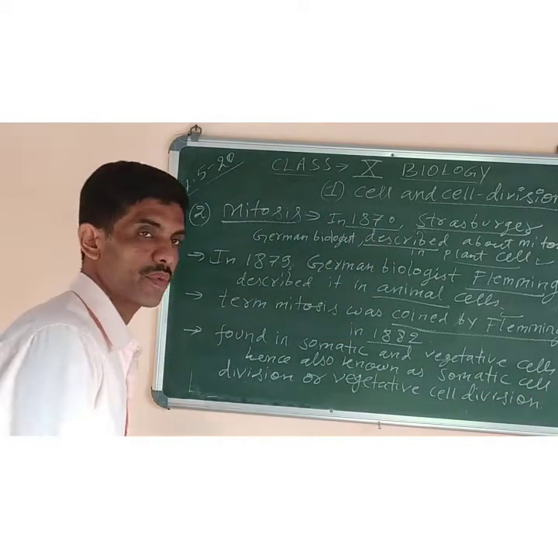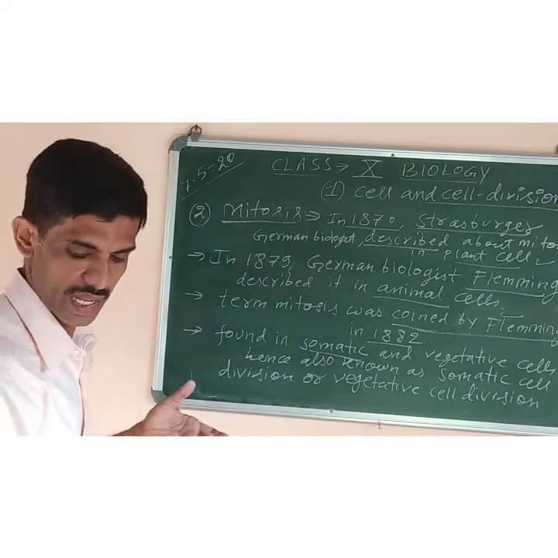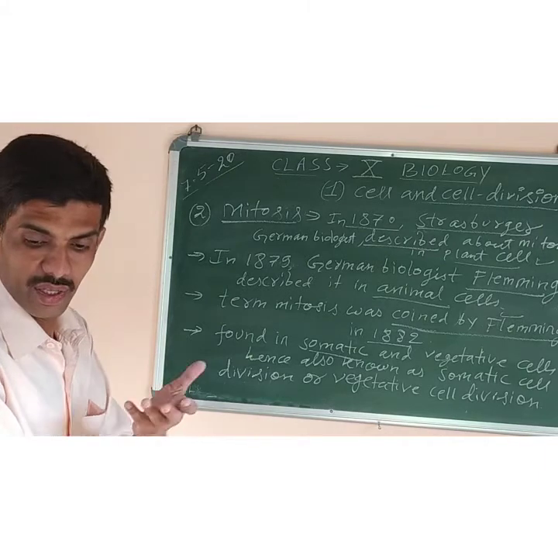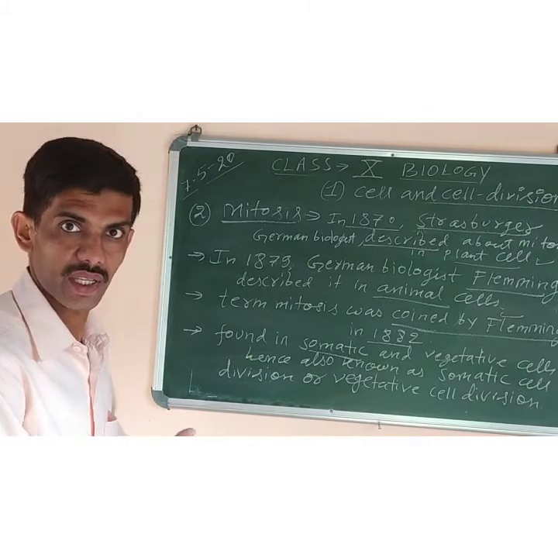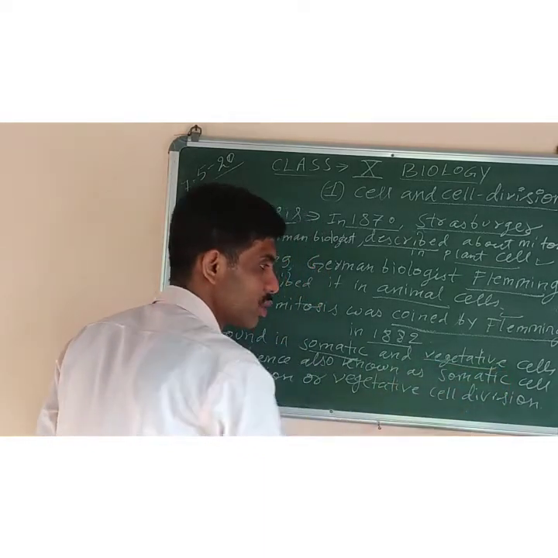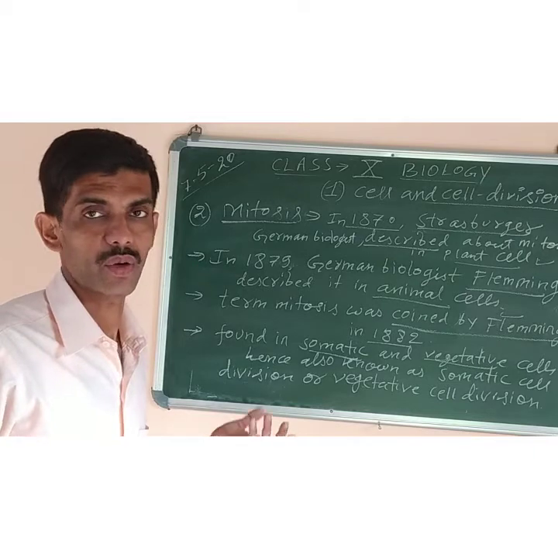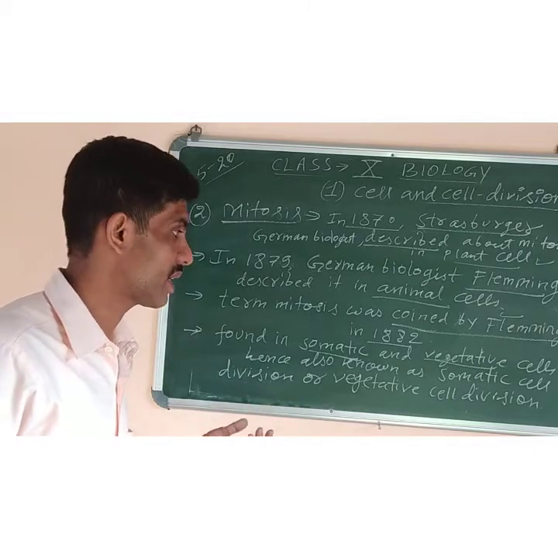Since this type of cell division mitosis is found in the body cells, somatic means body cells, like the cells of our arms, the cells of our legs, isn't it? Cells of our eyes. So somatic, vegetative means those parts of the plant which grow into a new plant, like root, stems, leaves of the plant. They are vegetative parts.